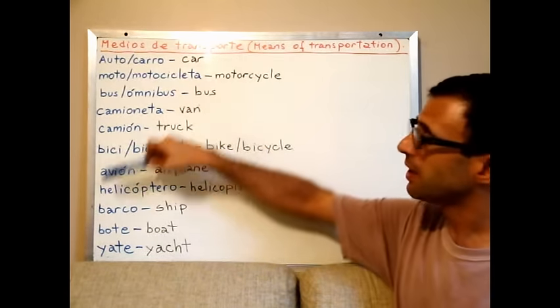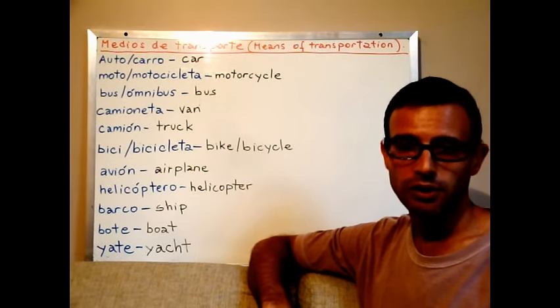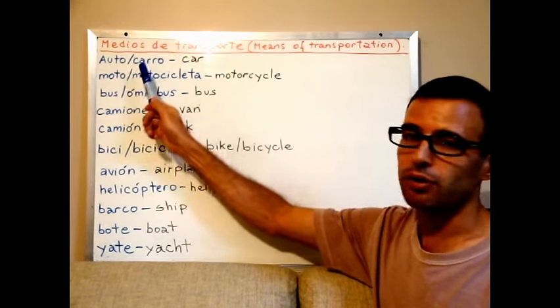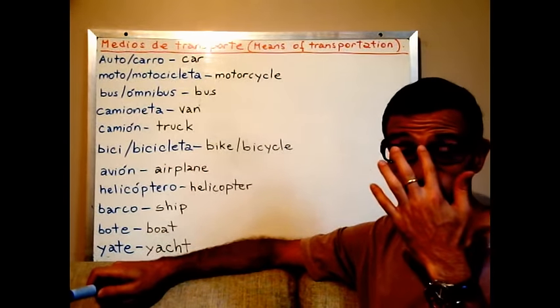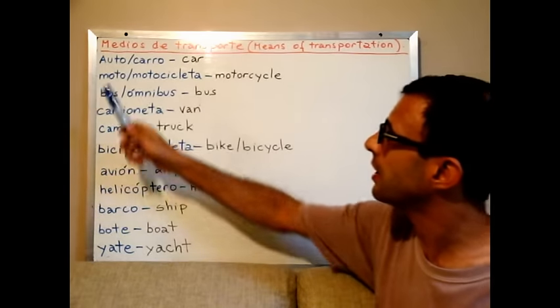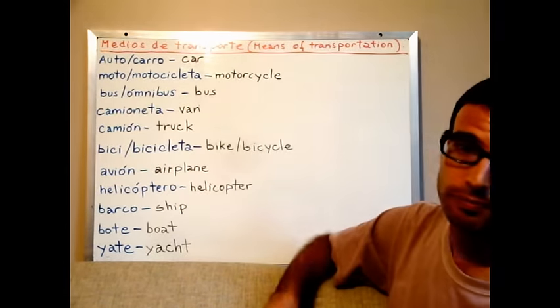Here we have just the most common of the means of transportation. So let's look at these. Auto or carro. This is the word for car in Spanish. Depending on the country, they can use the word auto or the word carro.